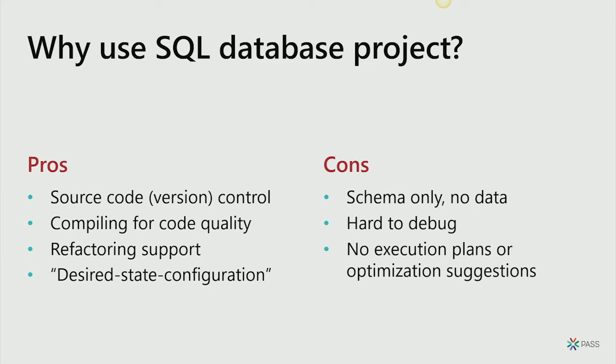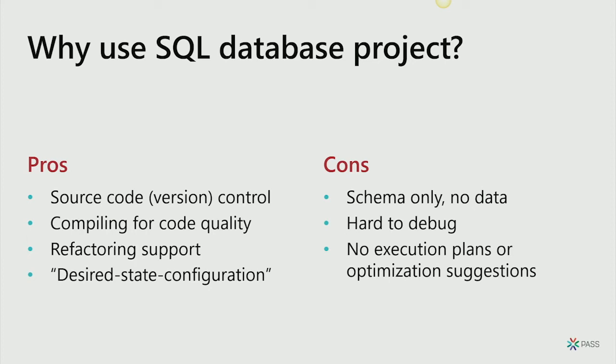Because the alternative generally means that your database objects become very brittle. You don't want to change a column name or a table name, because you don't know where else it might be used, and so on. The SQL database project is considered a desired state configuration, meaning this is the way I want my database to look.